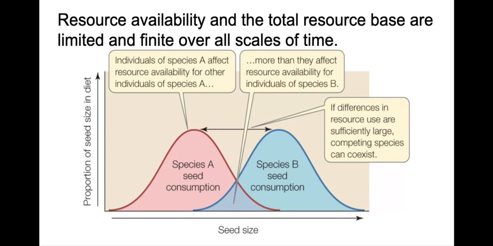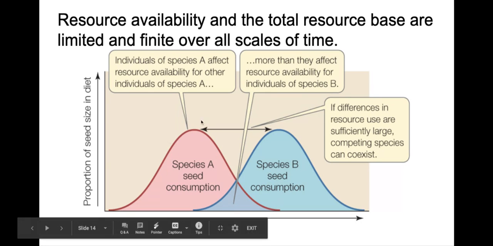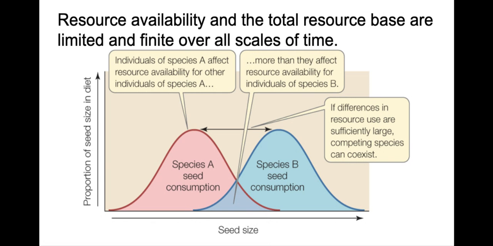Okay, so going back to your favorite type of graph, if we have individuals or populations from one species, right? So one population, let's say a species A. Let's say these two are birds or any type of populations that eat one of the resources. In this case, we're going to take seeds.